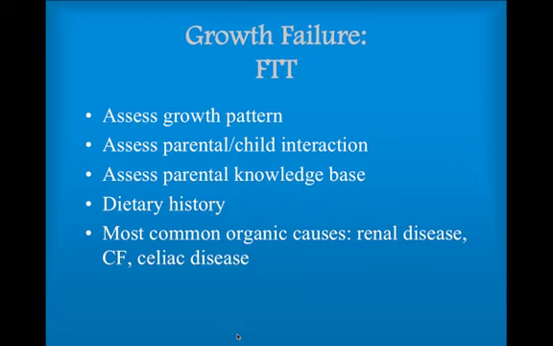And the most common organic causes of failure to thrive are renal disease, cystic fibrosis, celiac disease, and I don't have it on here, but the other thing to consider is HIV, if that is a possibility in a child. So the way this is usually approached is that you start off by getting this information, and if nothing is real obvious, you rule out the organic causes of the disease. In other words, you draw the appropriate labs to measure renal function.